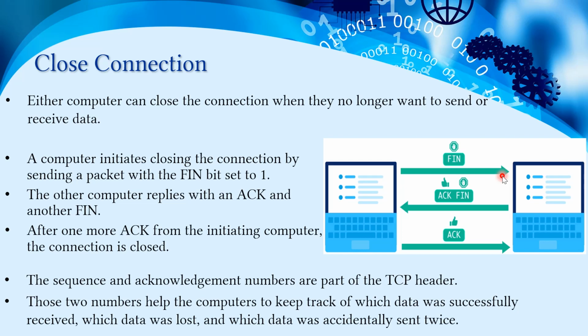For this it sends the packet with the FIN flag, that is, the FIN bit set to 1. For that, the other computer replies with the ACK and another FIN, saying okay, we will close the connection. And after one more ACK from the source machine saying okay, we are at the end, we'll end the communication, finally the connection is closed.